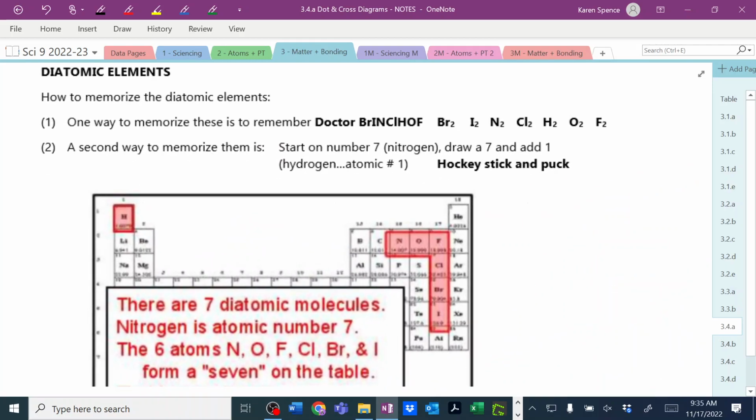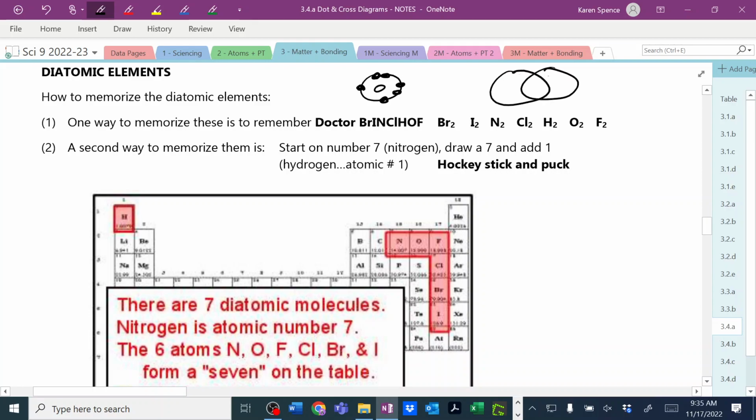You should be aware that there are several elements which are diatomic when we find them in nature. Would oxygen want to be on its own? Right? It'd be like, oh, I'm not really very happy with these two gaping holes in my outer shell. I would rather be bonded with another oxygen so that I have a complete outer shell.